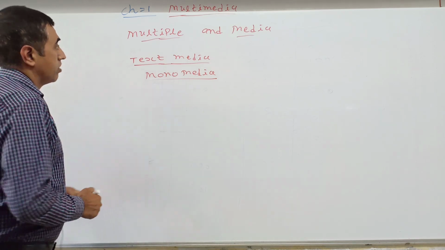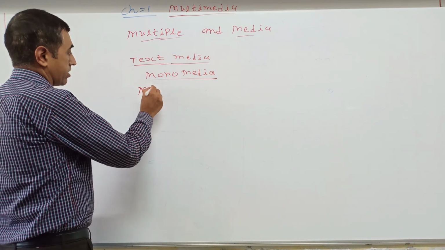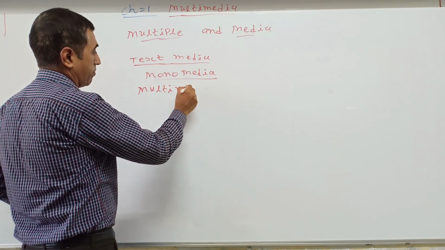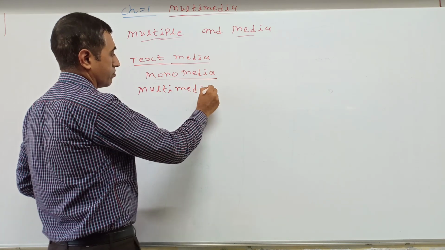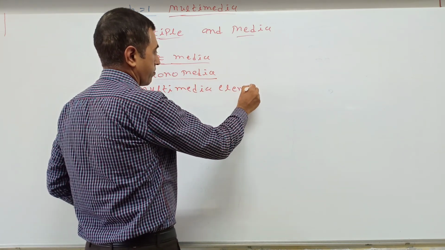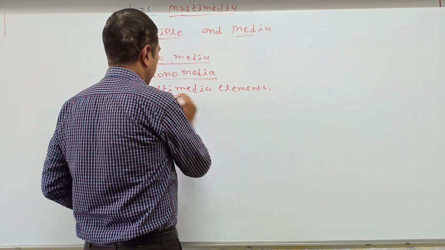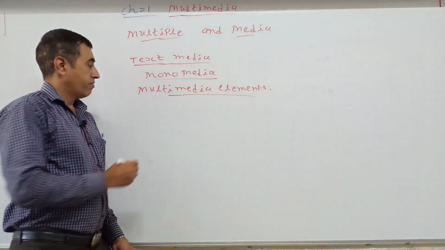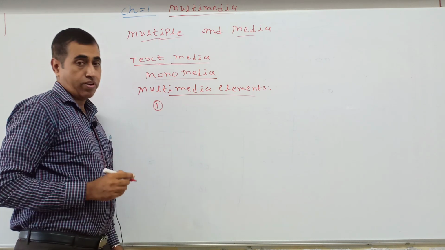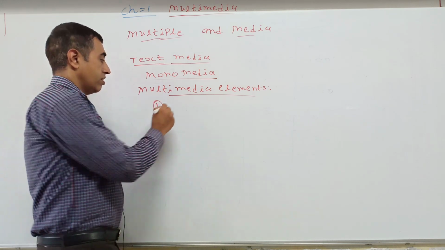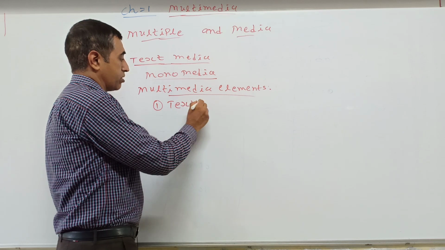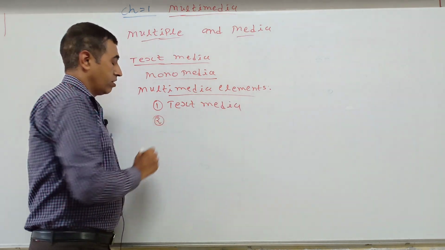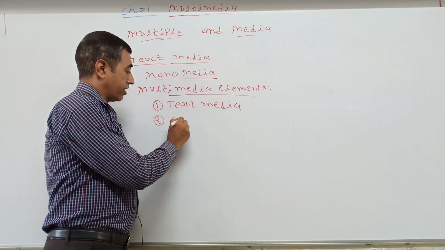Now, there are various multimedia elements that can be used to create various types of presentations. In total, there are 5 elements. The basic element is text media. Another is graphics.